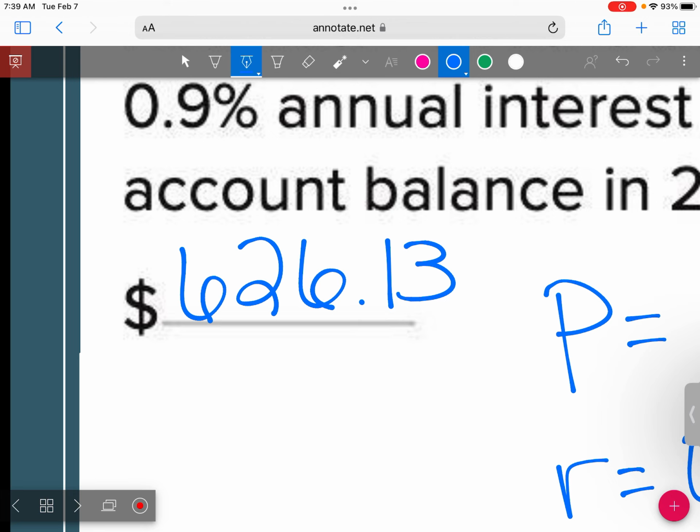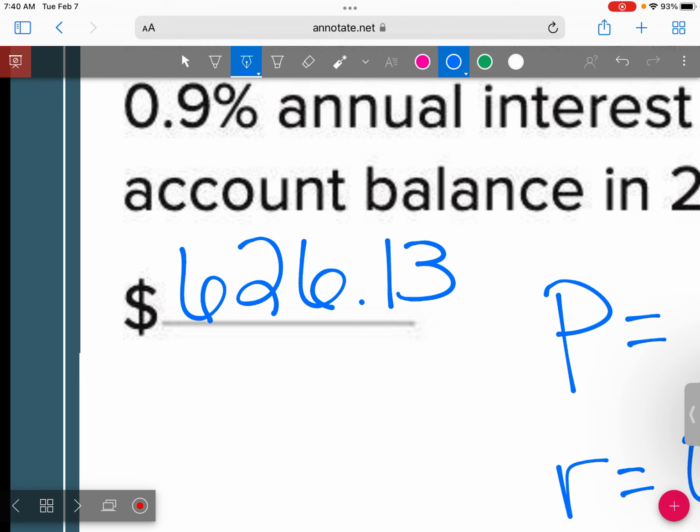Even though it's compounded twice a month, if she were to just leave the $500 in and not mess with it, after 25 years, would you say that's a huge amount? No, not really. For interest on a checking account, $126 is a lot. But after 25 years, that's a long time, right?